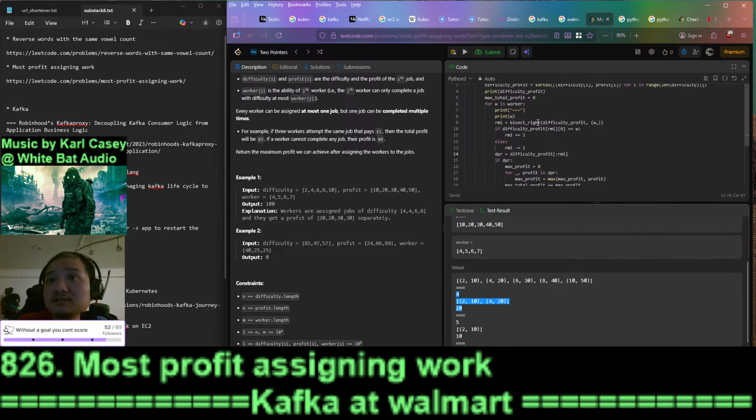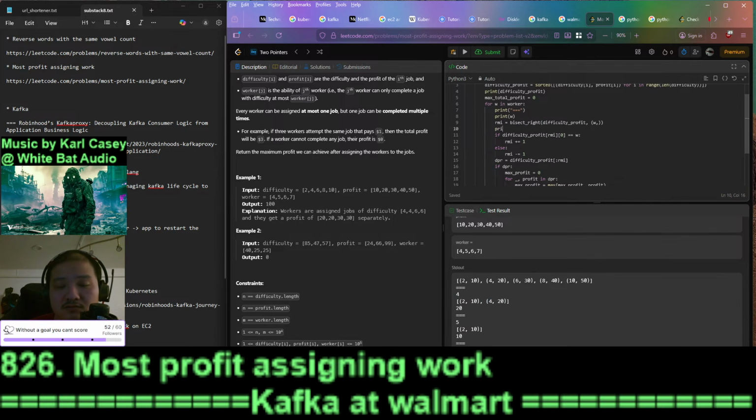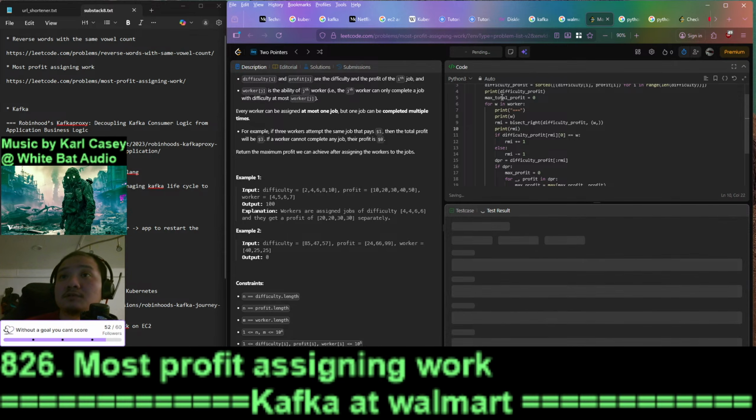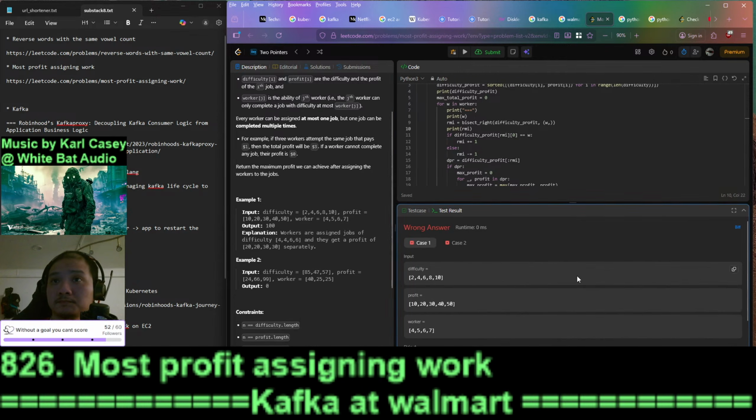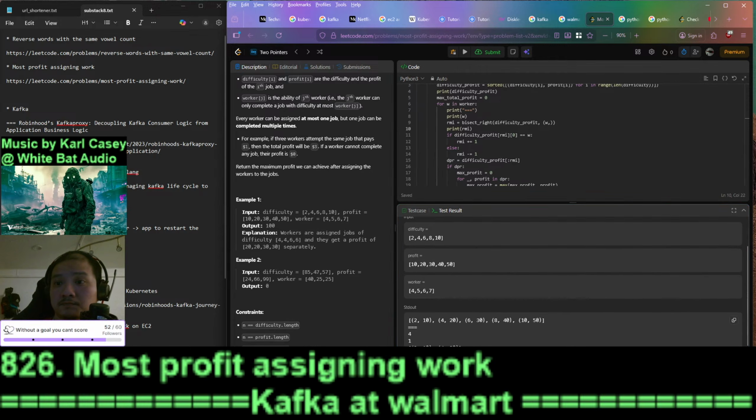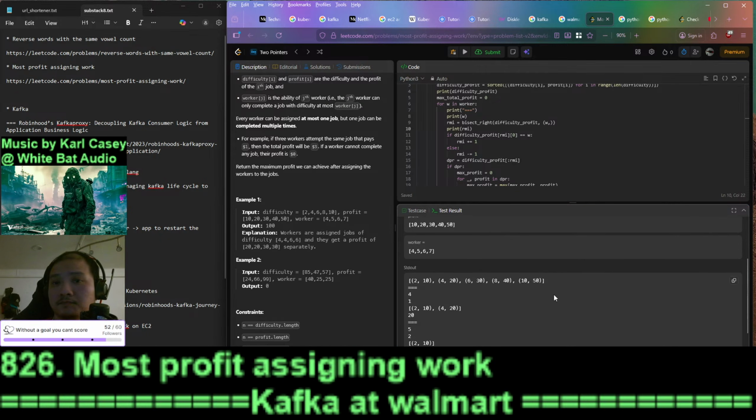So first let's see what is printed first. W is 4 and this is 1, so it found it, right?